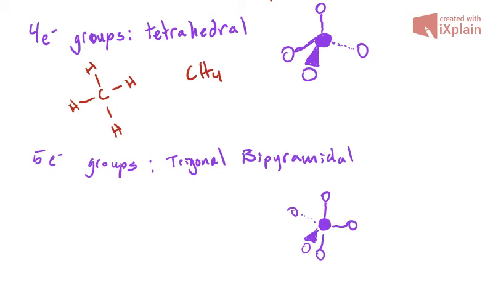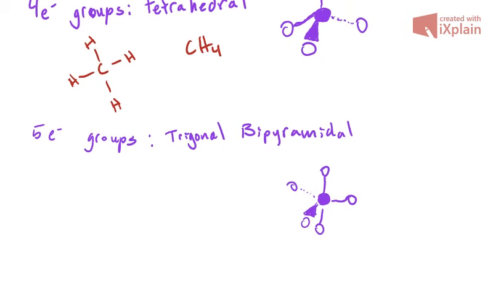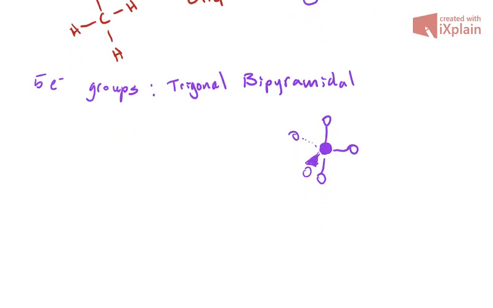I don't know an example of one off the top of my head. I think it's SF5, so we're just going to go with that one. SF5 would have 5 things coming off the central atom. 2, 3, 4, 5.